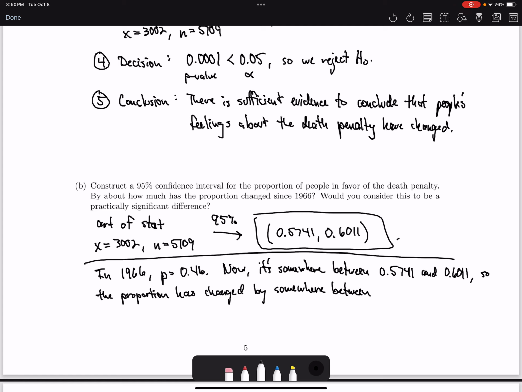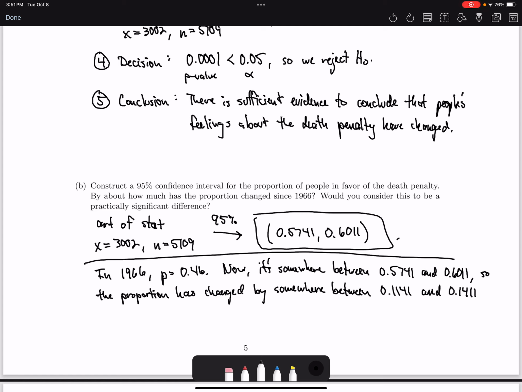So somewhere between 0.1141 and 0.6011 minus 0.46 is 0.1411. So the proportion has changed by somewhere between 11% and 14%.